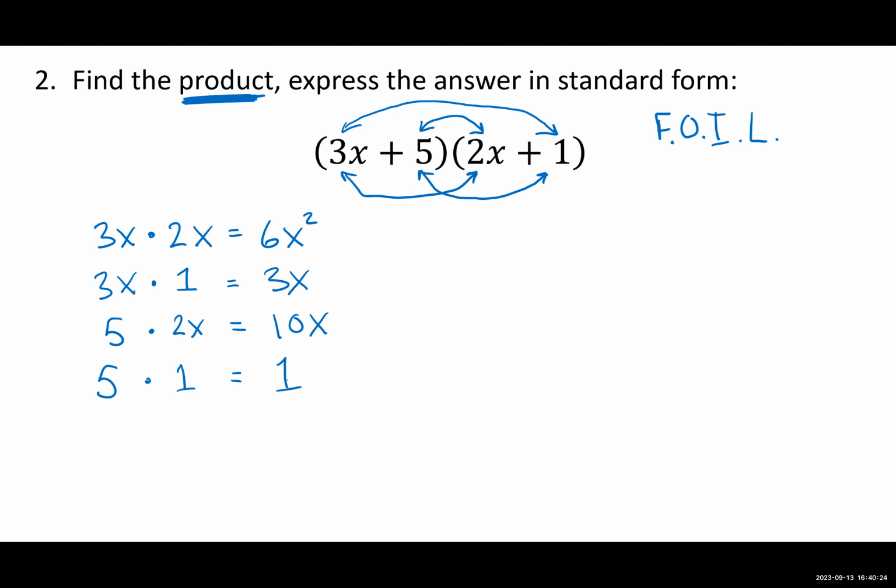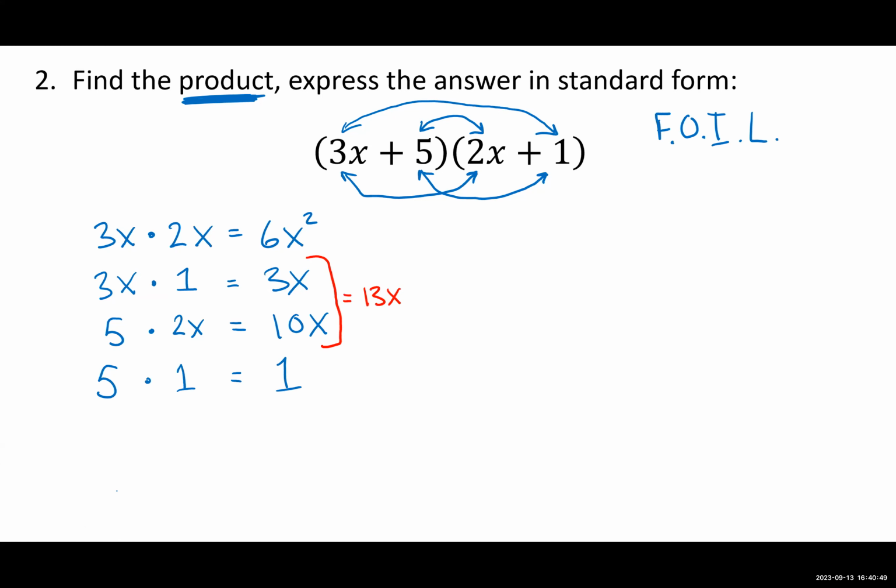So there's your polynomial. Well, not the final answer, but this is what you end up with when you perform the multiplication. These two terms right here are like terms. We've got a 3x and a 10x, and that equals 13x.